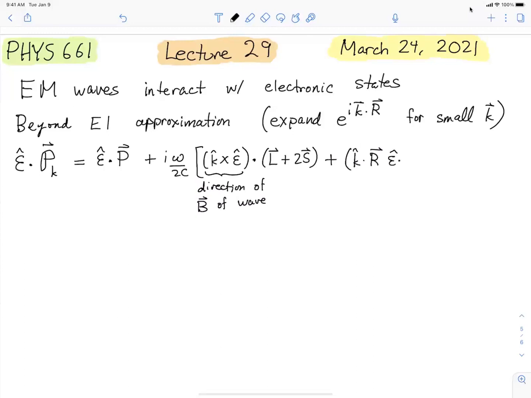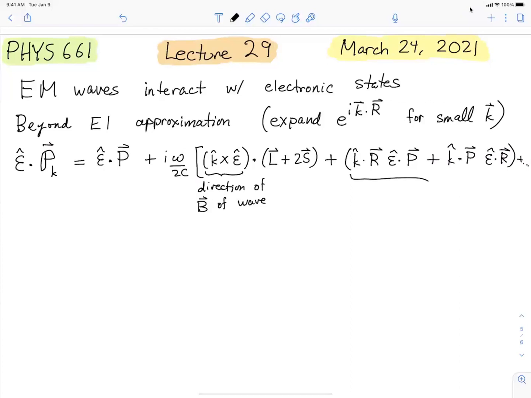It's got dot products of both the propagation direction and the polarization direction with both the momentum of the electronic state and the position of the electron. Okay, and then this goes on forever.